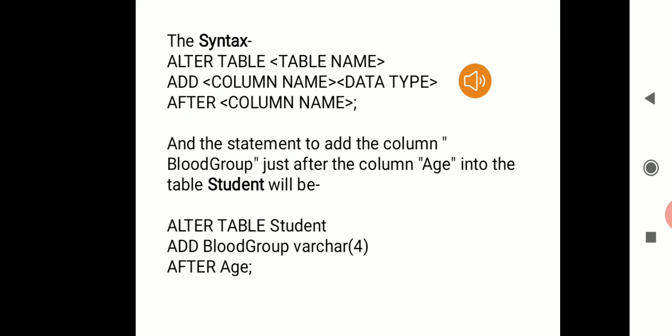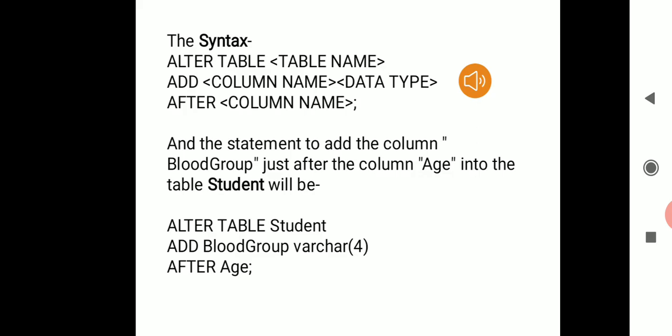Now in this slide you have the syntax, as I already discussed in the previous slide, at the top. Just follow the syntax at the top and then come below. If you want to add a column named blood group just after the column age into the table called student, then the statement will be as follows.